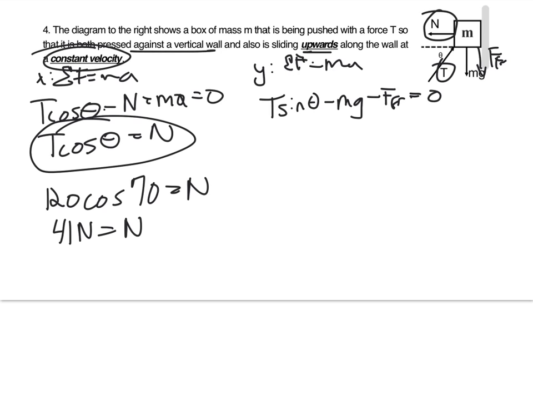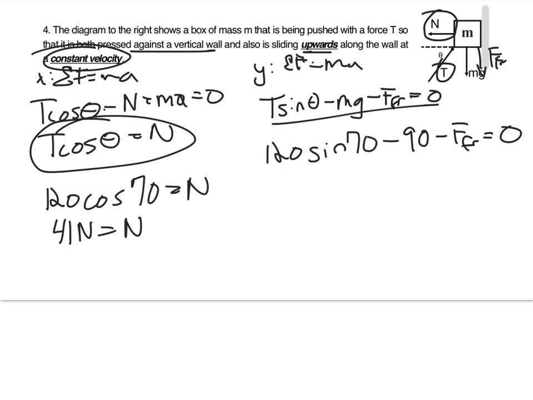And then it asks, what is the magnitude of the frictional force acting on our block? So we can go over to this equation here. T was 120 times the sine of 70, minus mg. The mass was 9 kilograms, so 9 times 10 is 90, minus the force of friction, and that equals 0.